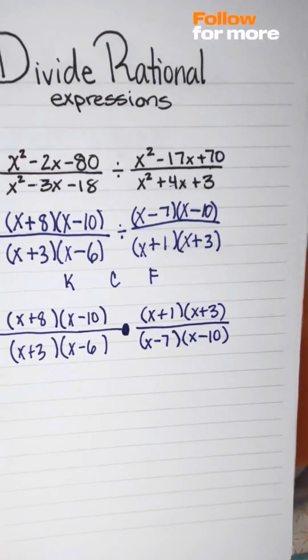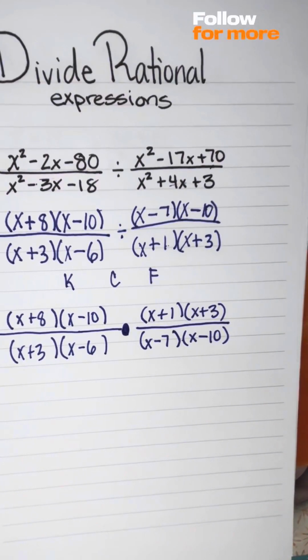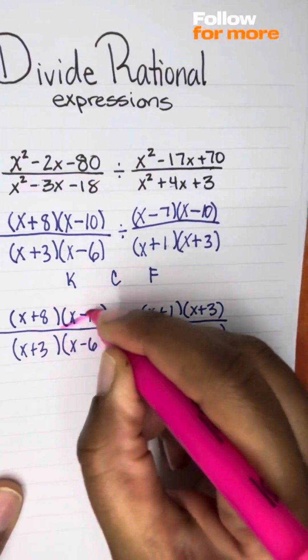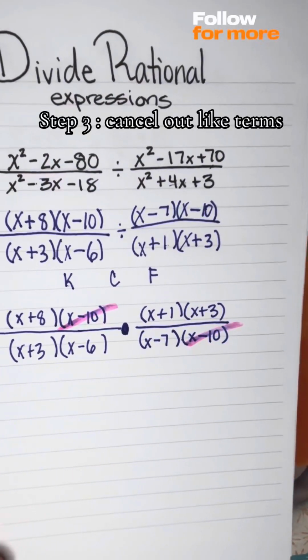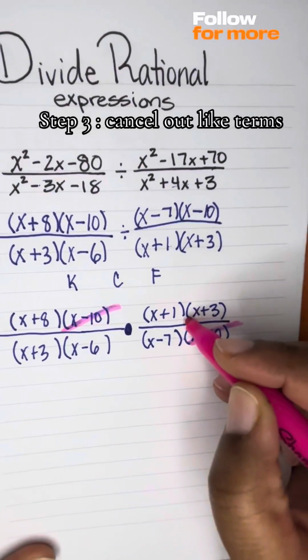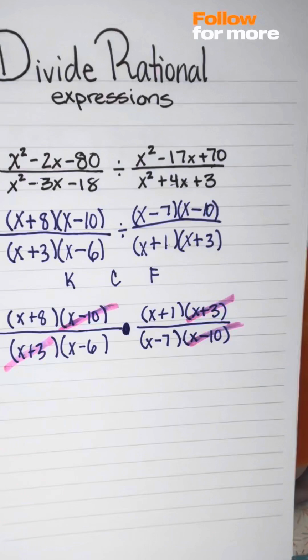All right. Now, this is the fun part. What can we cross out? Well, you can cross out anything that is the same. So this x minus 10 crosses out with x minus 10. I have an x plus 3 on the bottom, so that's out. Do I have anything else?